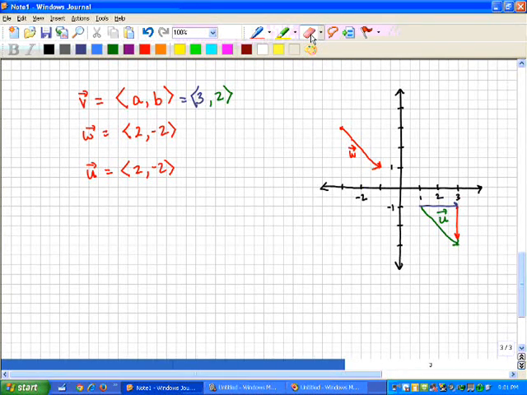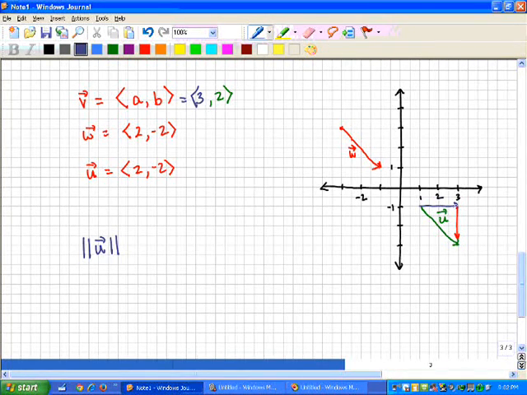Also notice that this notation in identifying the horizontal and vertical components of a vector gives us a really easy way to find the magnitude of a vector. In this case, if we look at the vector U, the magnitude of U is the length of the vector.